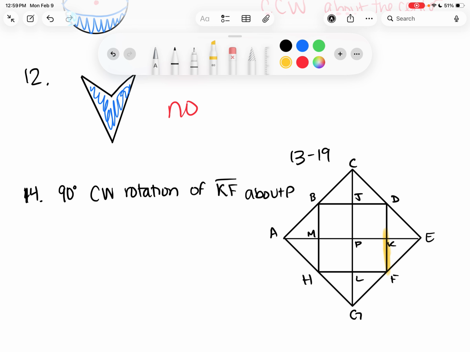What does it mean by about P? That means that's your point of rotation. So we're going from this part here, and it's being rotated 90 degrees around. LH. Yep, so it would come over here to LH.